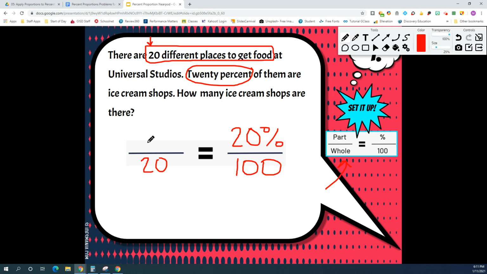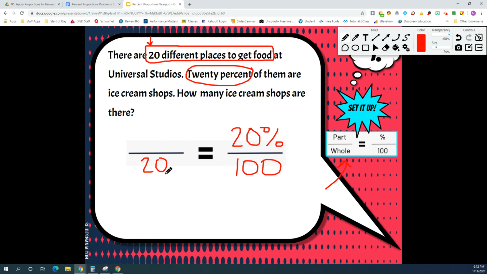So the way we're going to do this is solve it as an equivalent ratio. There are a lot of ways that you could solve this. The easiest way, in my opinion, is to divide.